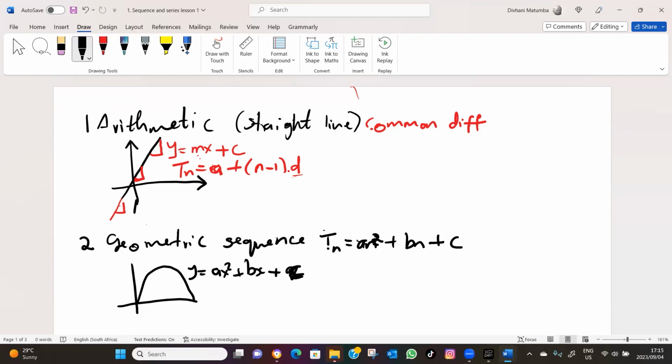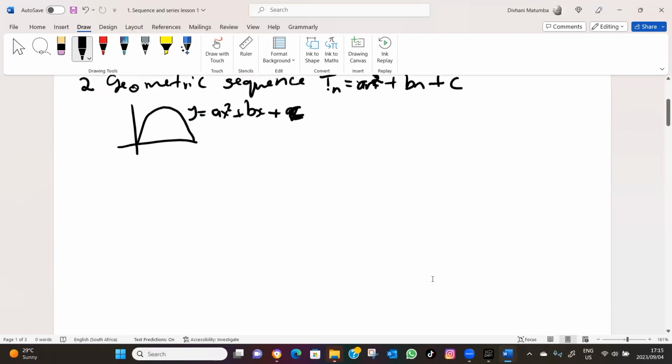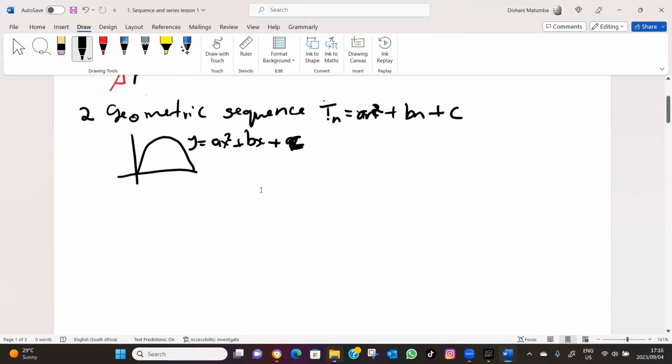Now, how do we deal with this geometric sequence, and how does it look? A geometric sequence, just like any other sequence, has terms.